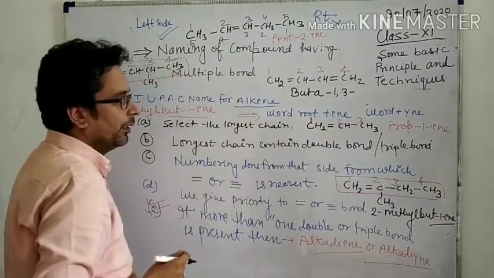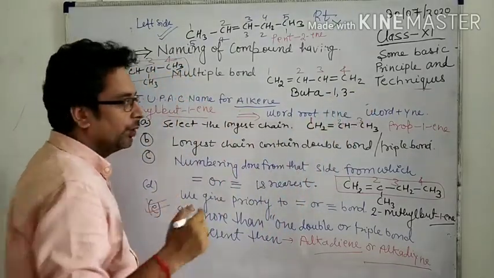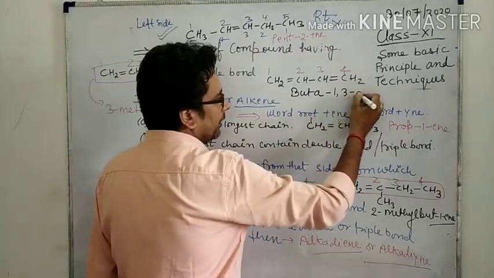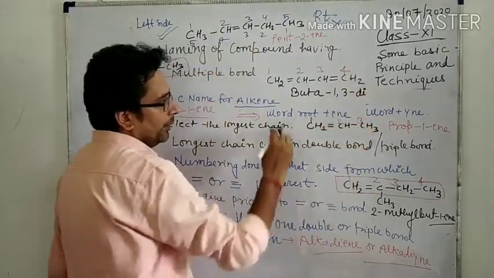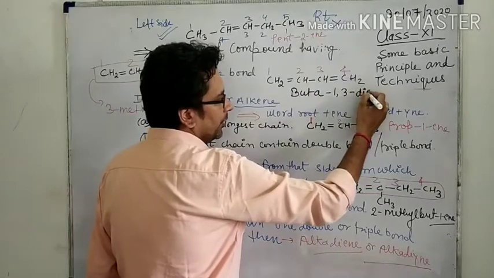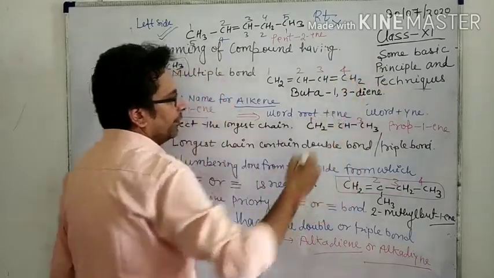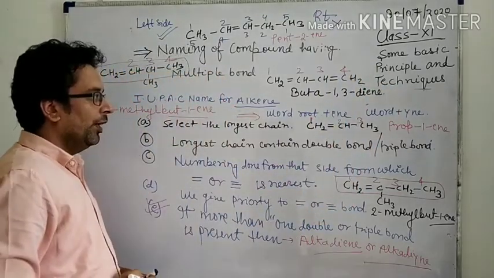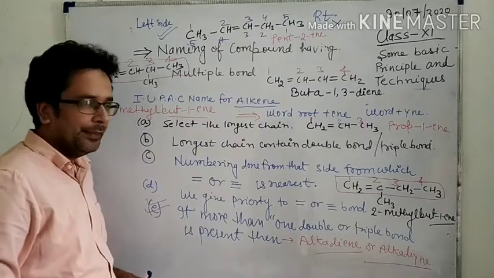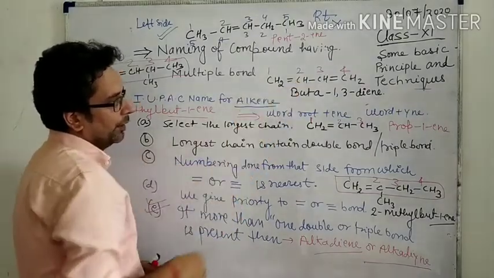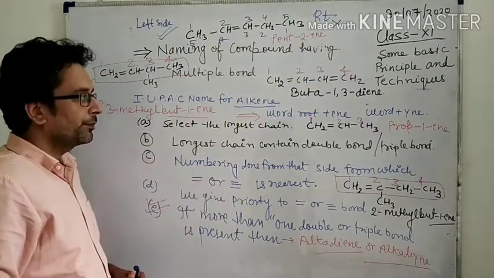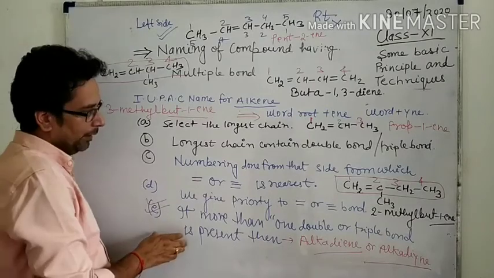How many double bonds? 2. So for 2 we use di, and this is unsaturated, so the ending is ene. So buta-1,3-diene is the name of this compound. Okay, so this is the last.